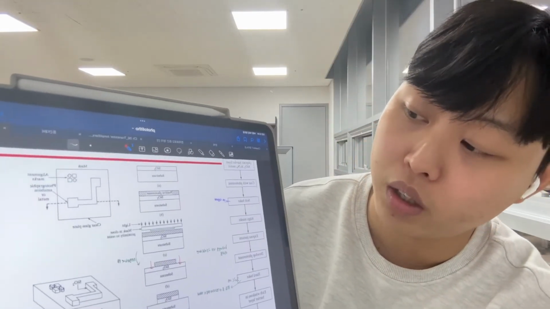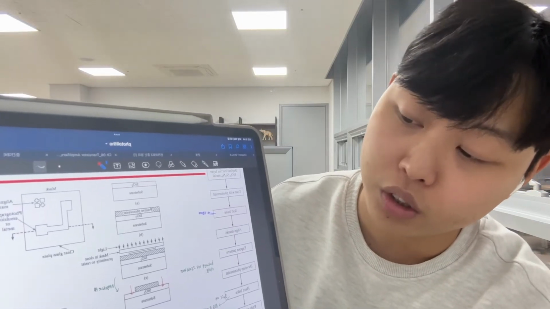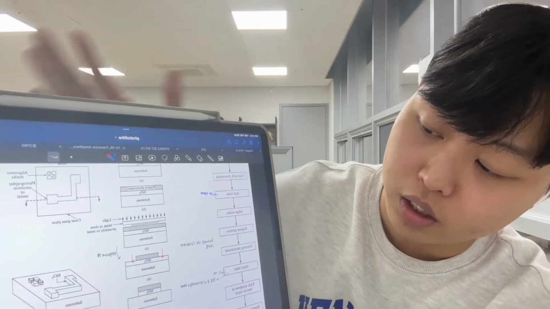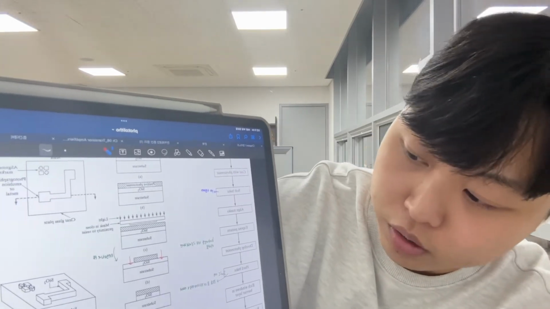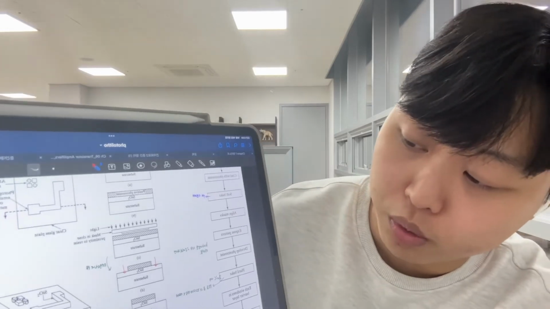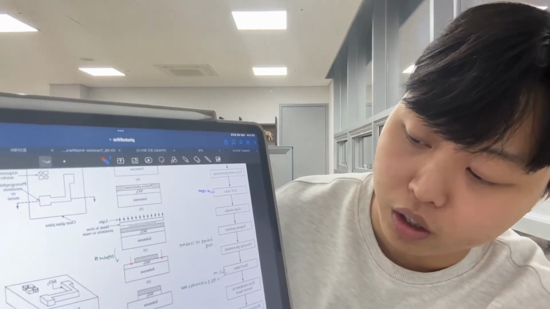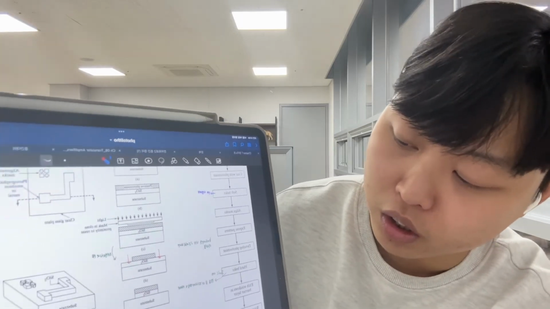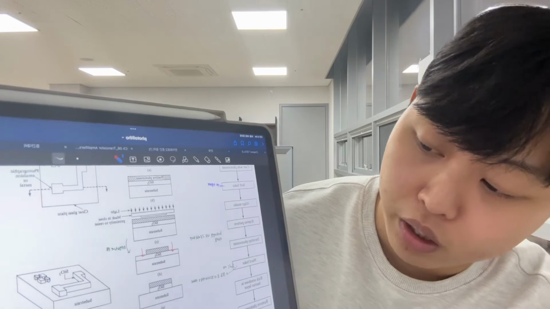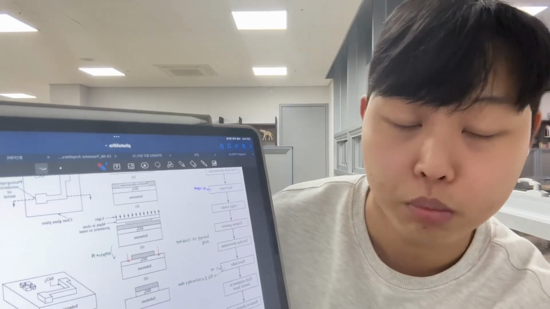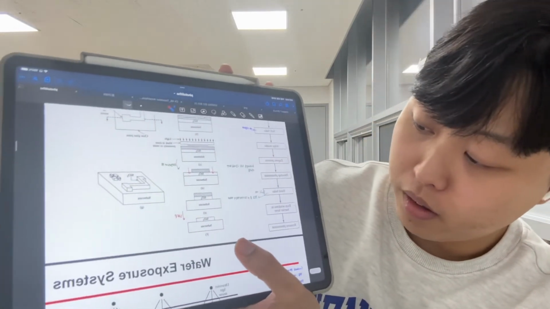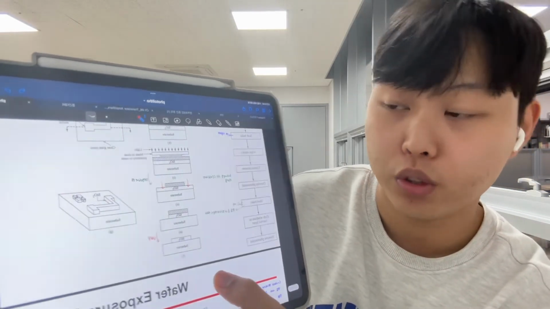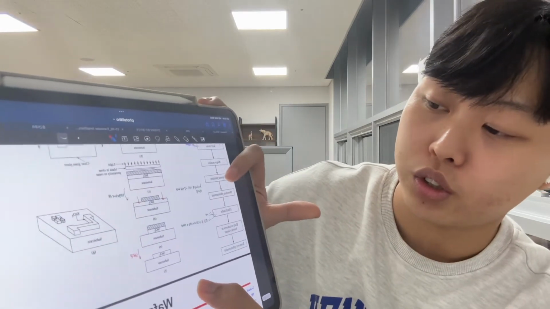This is just to make the structure stronger. After it, we align the mask and expose the pattern on the wafer. We develop the photoresist again, and we now bake it at a higher temperature, called hard baking. This is to make the PR structure stronger. After it, we use etching and remove the photoresist. This is just a basic outline of it.